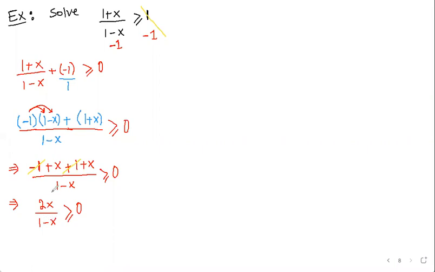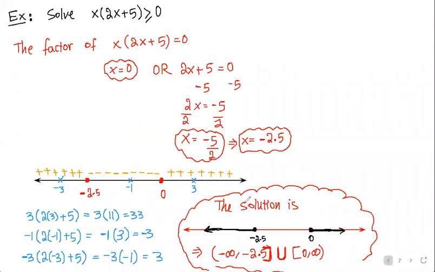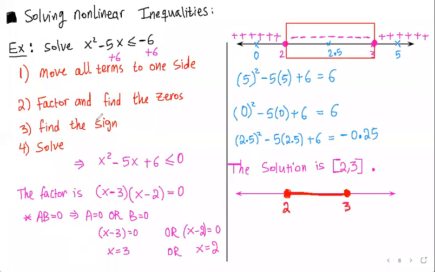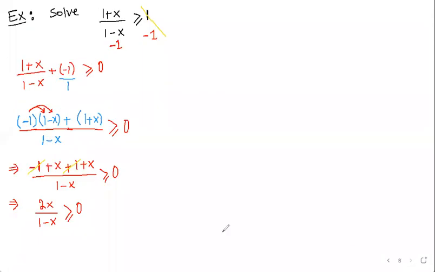Now after we simplify it, we go to step number 3: factor and find the zeros. So we have to factor the numerator, we have to factor the denominator, and we have to find the zero for both of them.